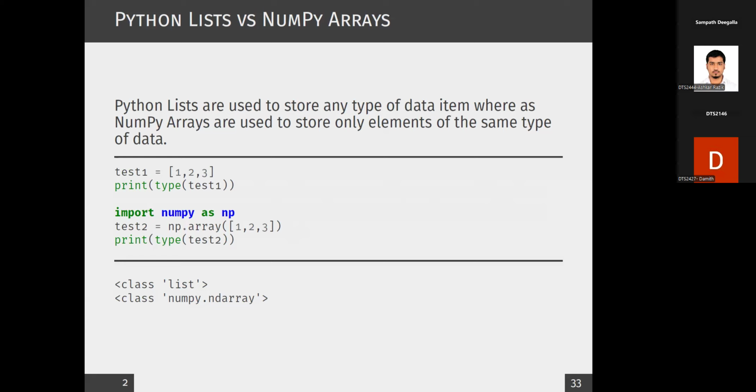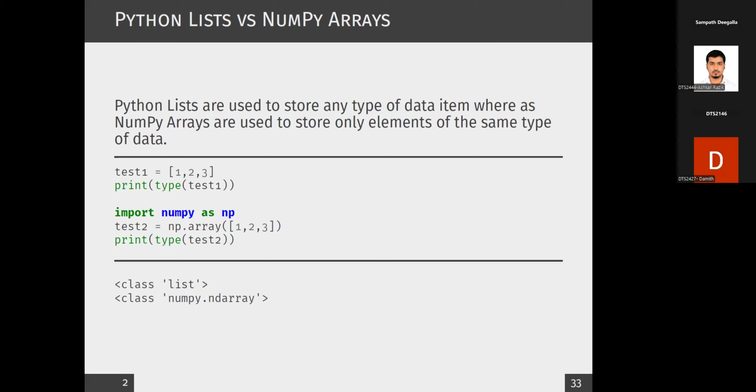For the NumPy arrays, we have to import NumPy, and we rename it as np. And we use the array method to define it as a NumPy array. So when you look at it, you see it's coming from two different classes. The first one is how you define something as a simple list, and the second one as an ndarray.